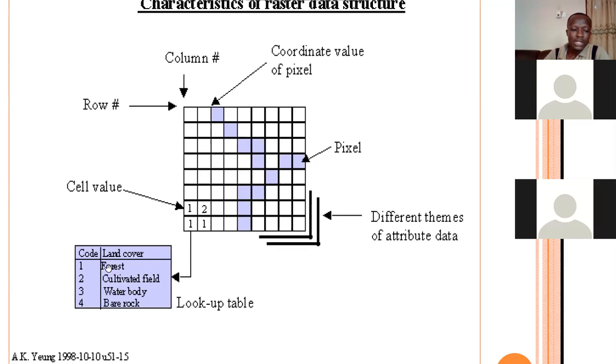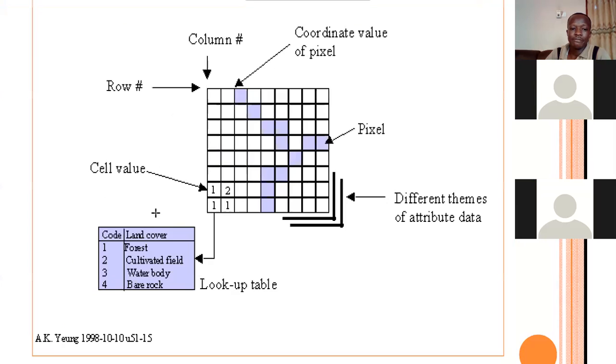Okay, so here you can see we have what we call a lookup table that maps the values in the imagery to what they represent. Okay, so 1 is a forest. When you see 1, it's a forest. When you see 2, it means a cultivated field. And then 3 is the water body.